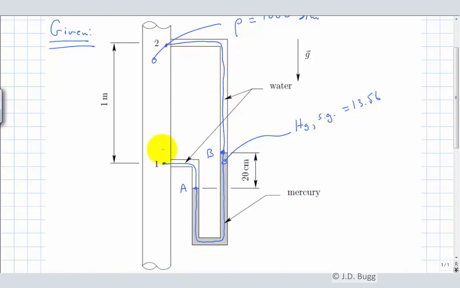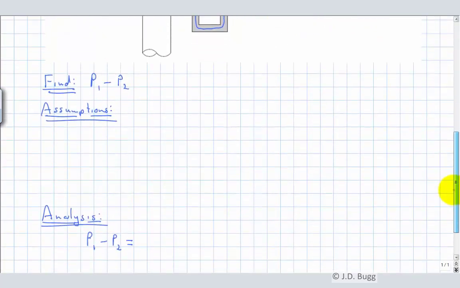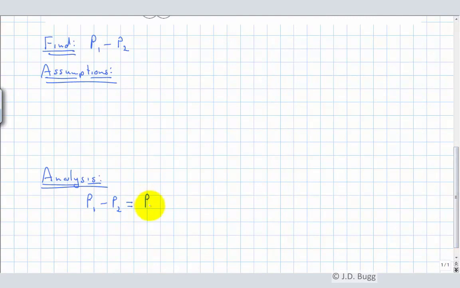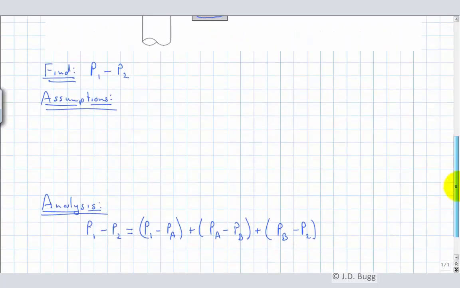So we recognize P1 minus P2 can be written as a series of pressure changes. So it will be, first of all, P1 minus PA plus PA minus PB plus PB minus P2. So this is in water, this is in mercury, and then this is back in water again. And the subscripts on all of these refer to the positions.